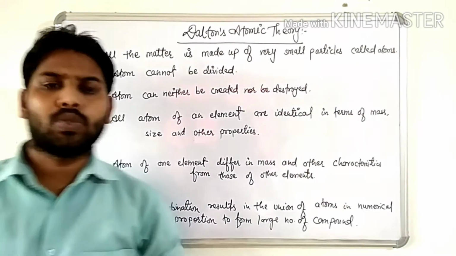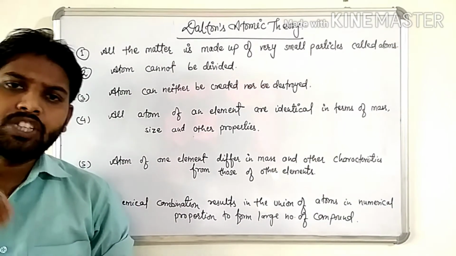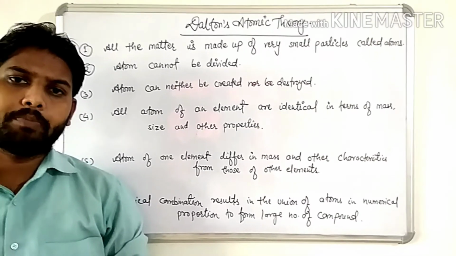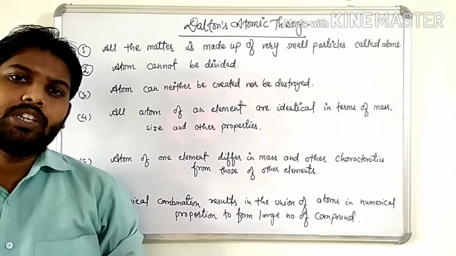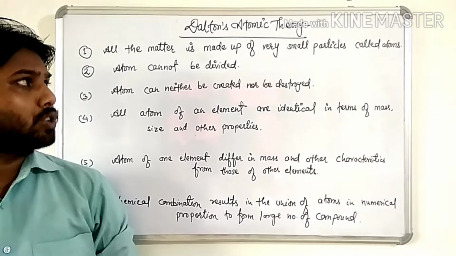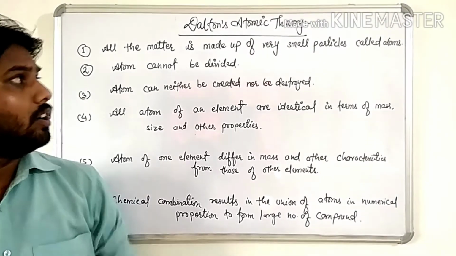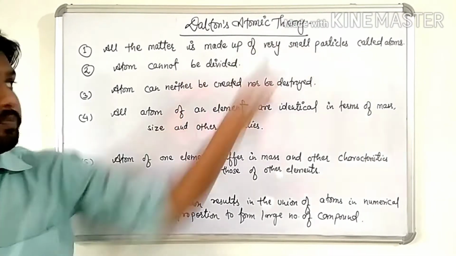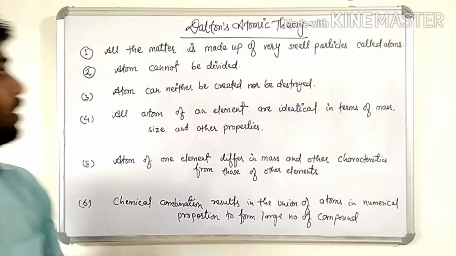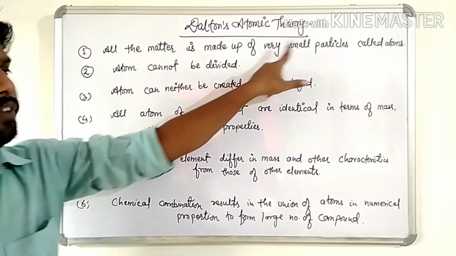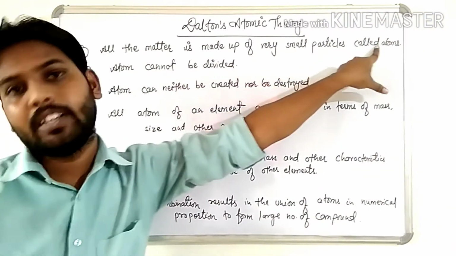So children, on the basis of these observations, John Dalton, a British scientist, gave some postulates on atoms. First, all matter is made up of very small particles called atoms.